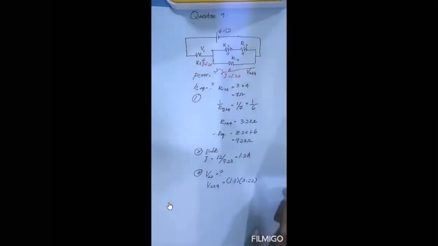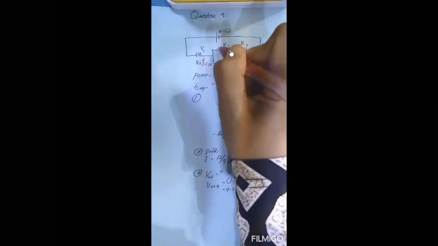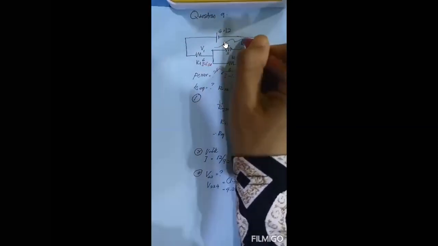You have a current flowing across the whole thing, and the total resistance here, R234, is equal to 3.23.